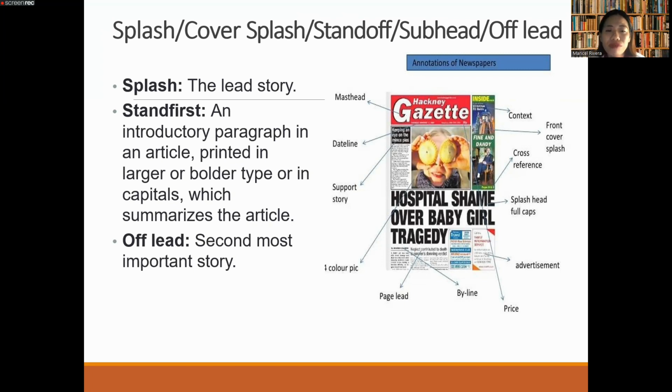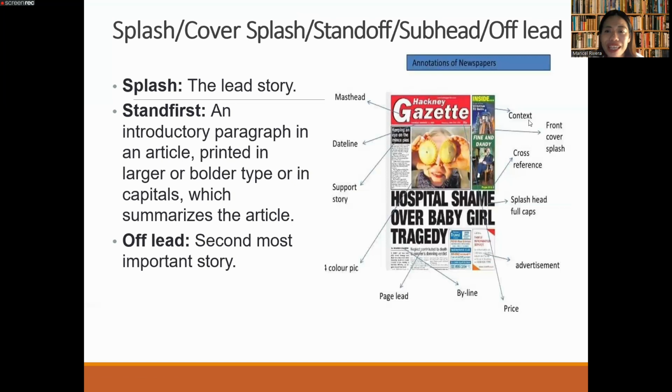And last is off lead, the second most important story.